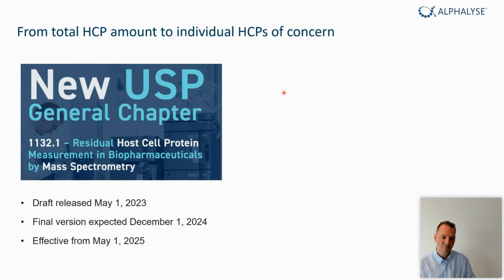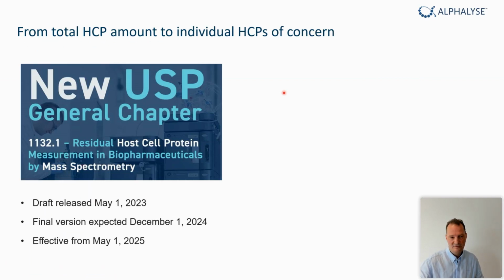The first draft was released in May last year, and USP has now received a lot of comments. The final version of this chapter will become public 1st of December this year, according to the US Pharmacopoeia. And the chapter will become effective from May 1st next year.